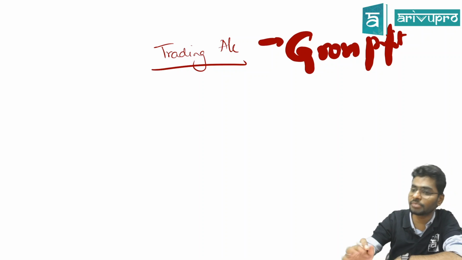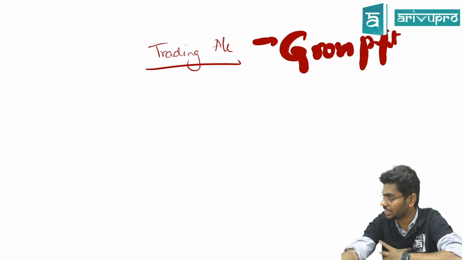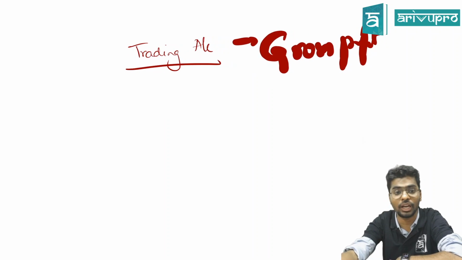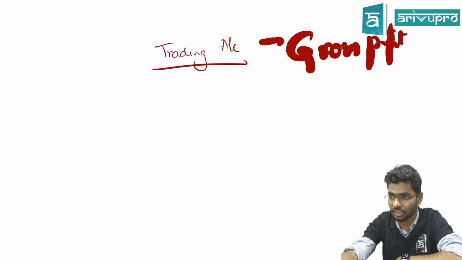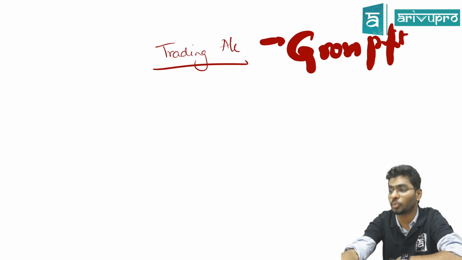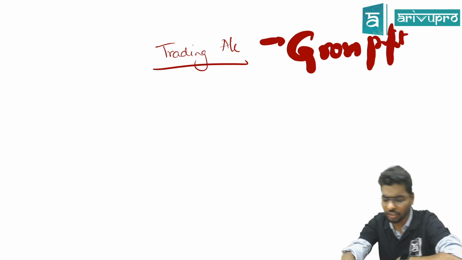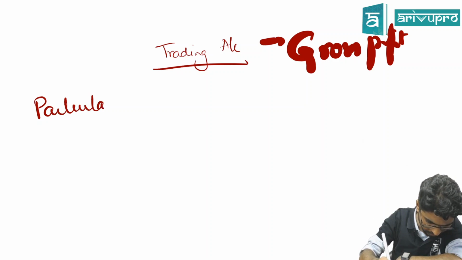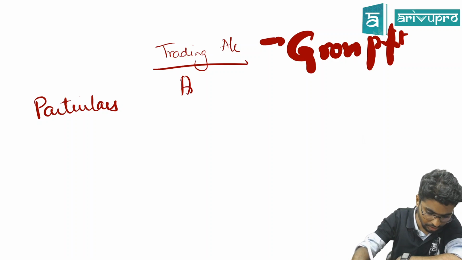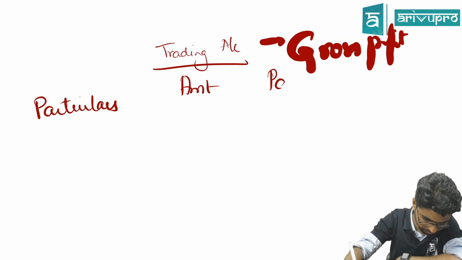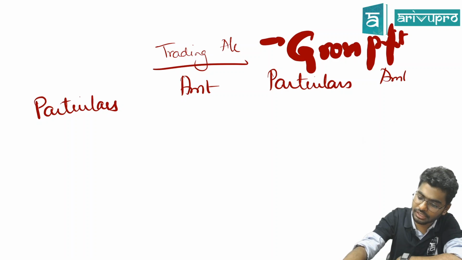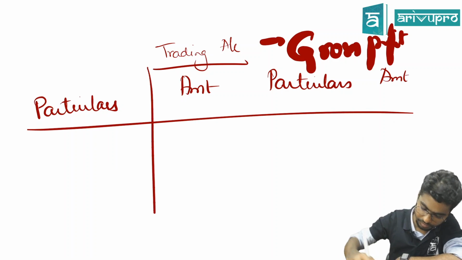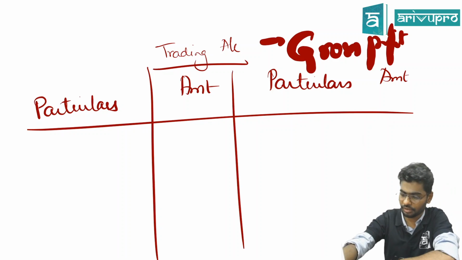Out of your income statement, I told you guys, we make two accounts. One account known as what? Trading account. Another account known as profit and loss account. Right now I am only talking of the trading account. Format of the trading account is the same, which is what? Particulars, amount, particulars, amount. Are you clear?